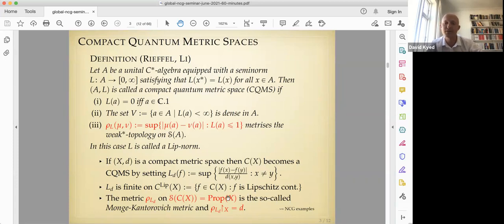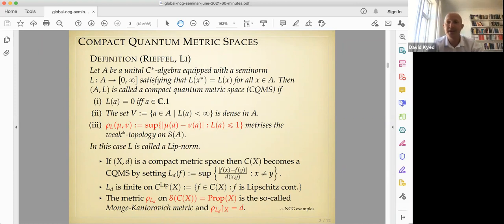And there's another part to the theorem, namely that if you view your X as states via point evaluations, you can restrict the new metric down to X. And when you do it, you get your original metric back, so that this Lip-norm L_d recovers the metric in that way.